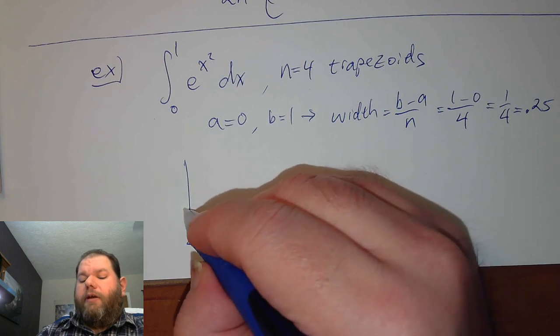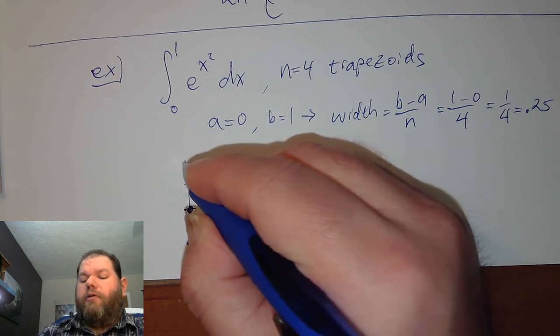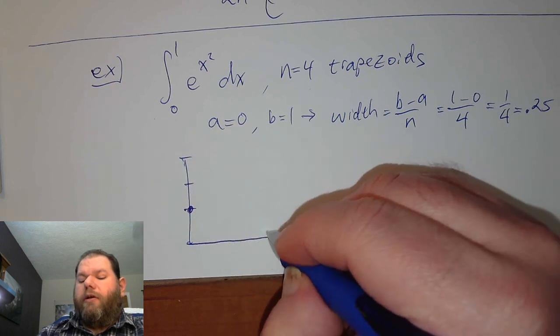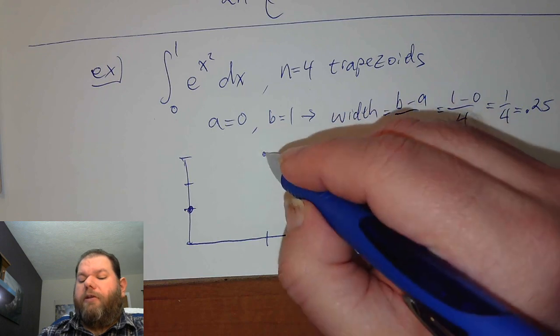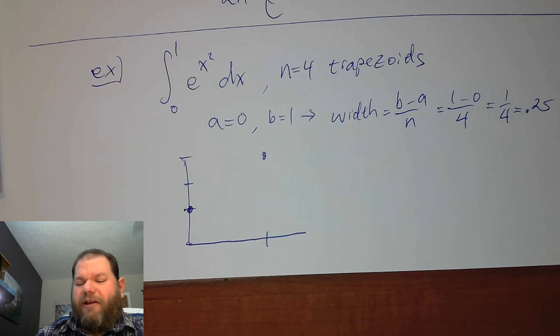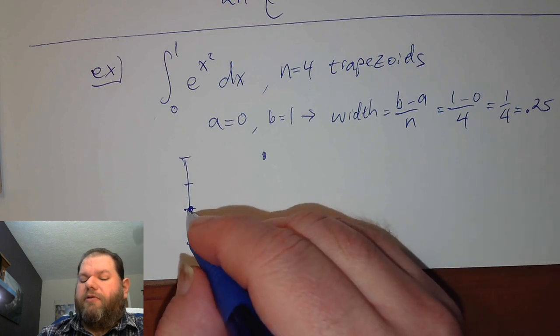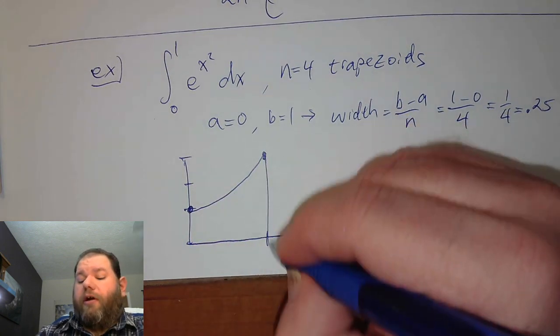At x equals 0, e to the 0 is 1. And at x equals 1, it'll be a little bit lower than 2.7, whatever e is equal to, e to the first. 2.72, somewhere around there. And it'll be an exponential curve, so it should be a nice smooth curve.